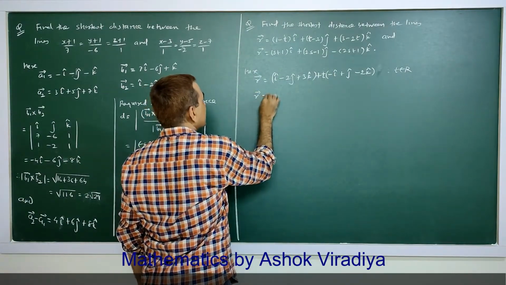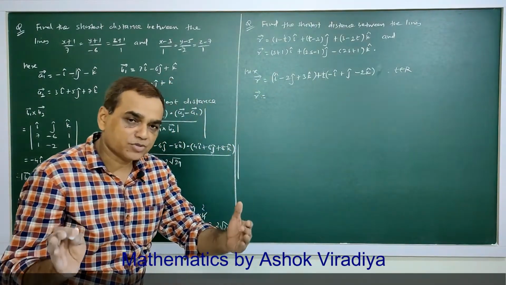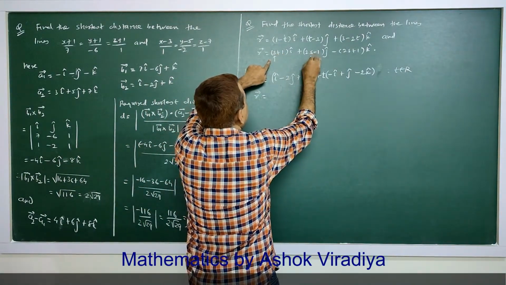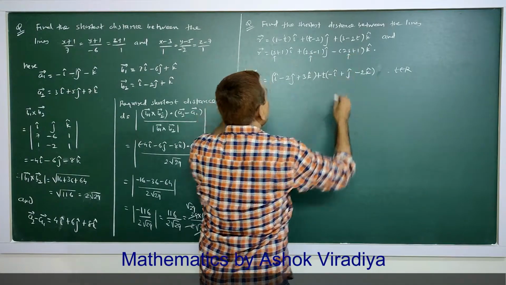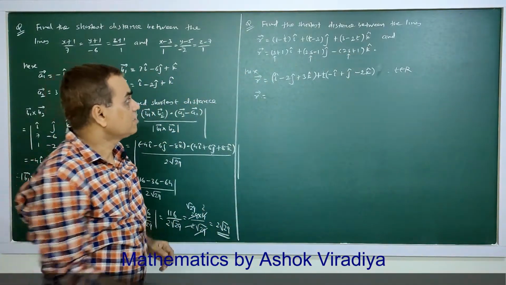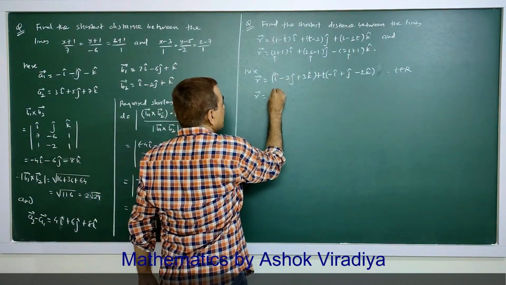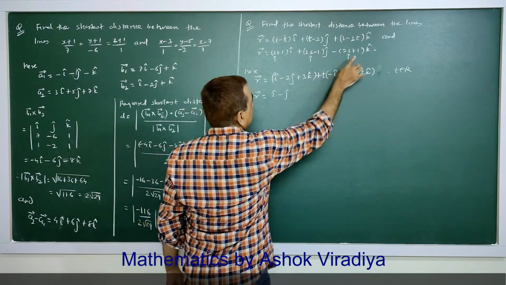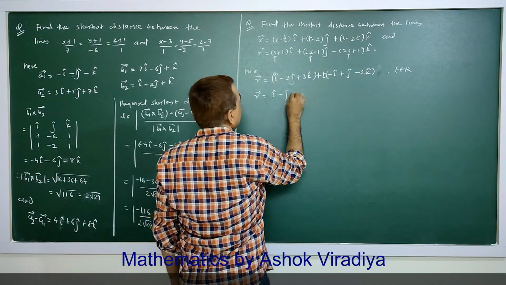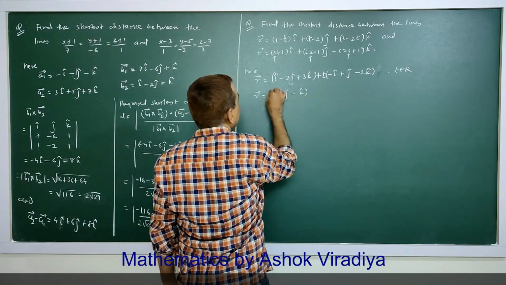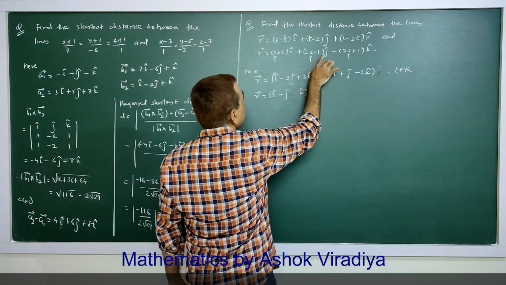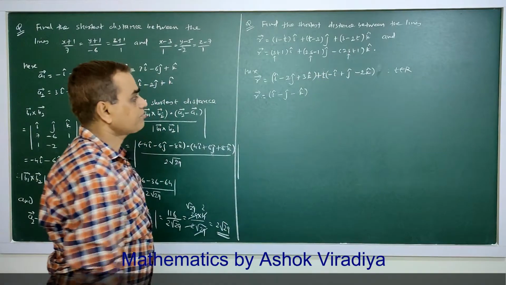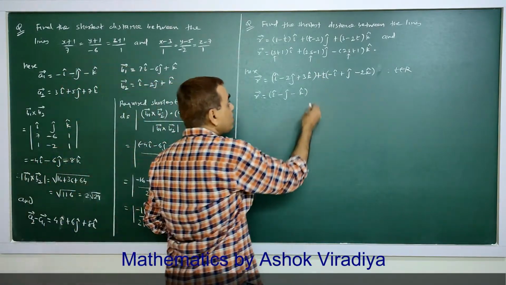Second equation, similarly, separating terms free from s. Here s is a parameter. So 1i minus 1j minus 1k, here the main sign is minus, plus, now I am taking s common.